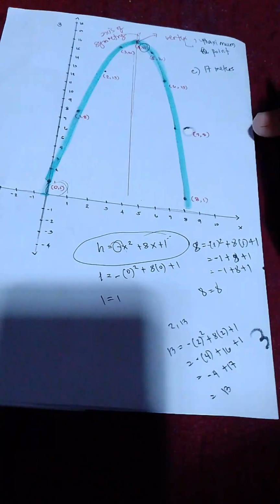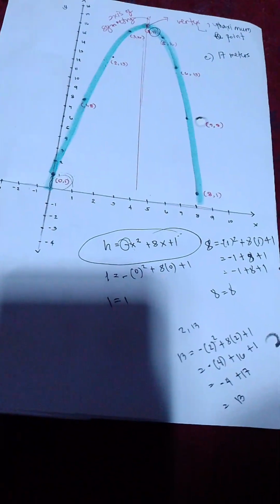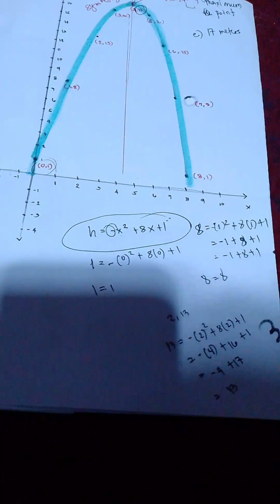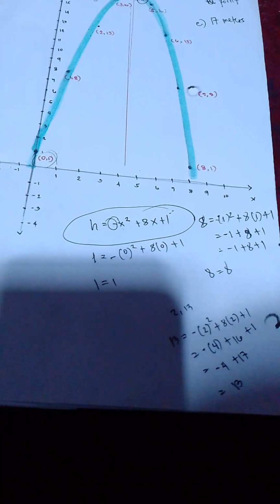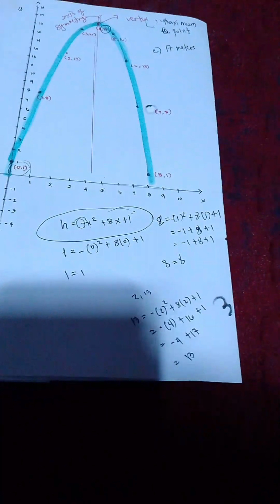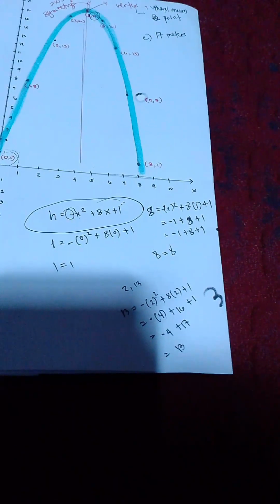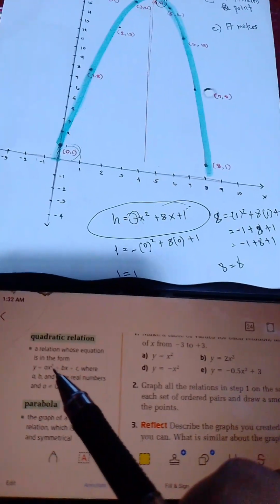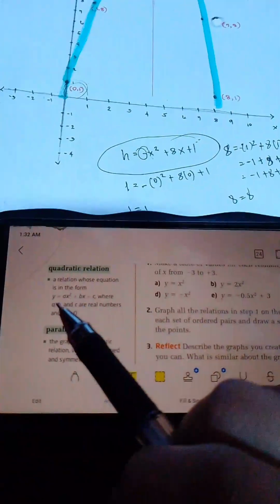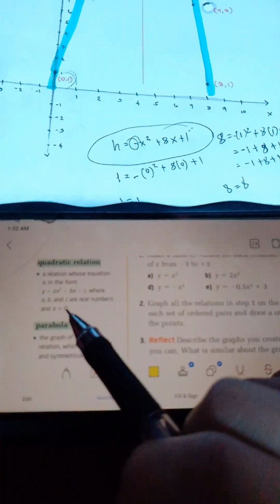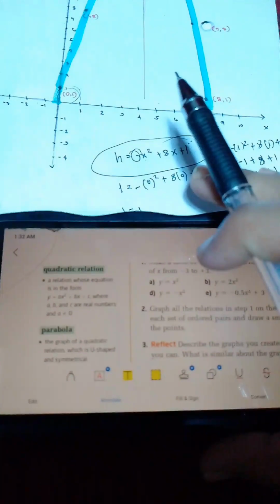According to the definition, a quadratic relation is a relation whose equation is in the form of ax squared plus bx plus c, where a, b, and c are real numbers and a must not be equal to 0.